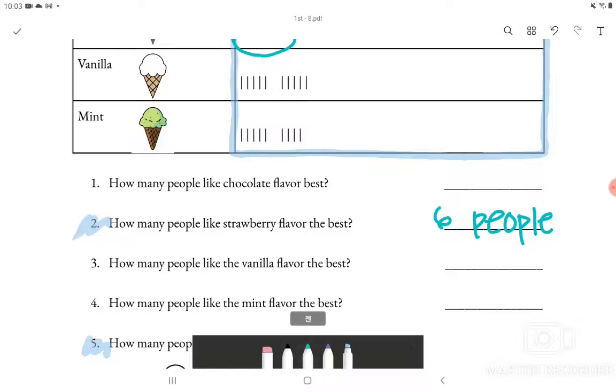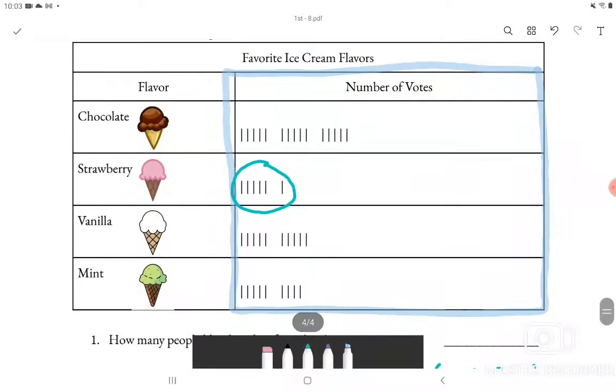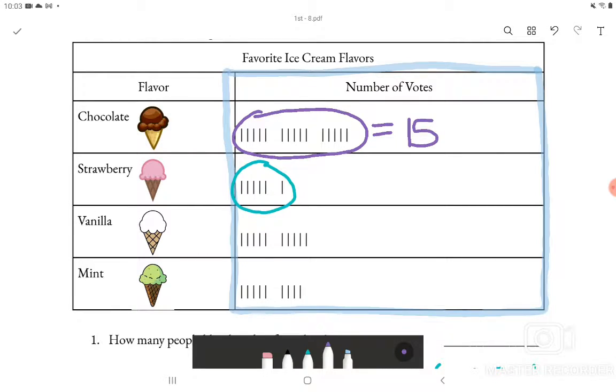Number 5 asks how many people like chocolate and vanilla. So we'll have to add the amount of people who like chocolate and the amount of people who like vanilla. So for chocolate, when we look at this entire thing, there's 15. And when you look at vanilla, there are 10.